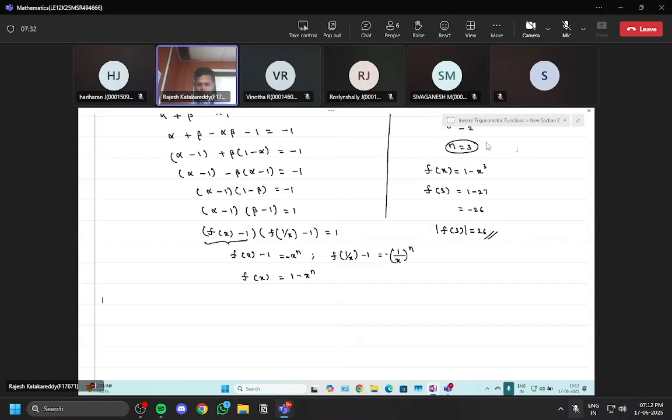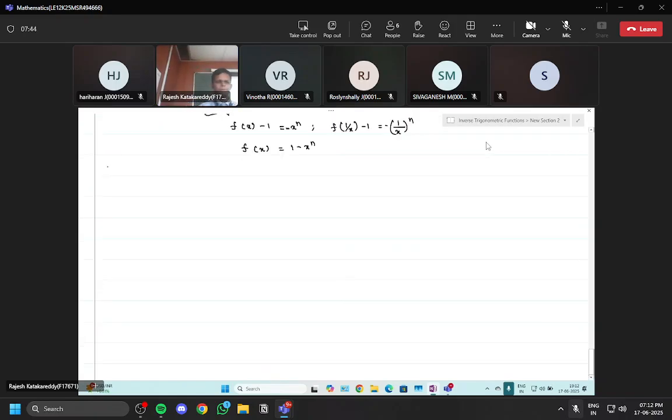So how many of you didn't solve this problem 51? Let me write the problem here so that it will be better for you. How many of you solved this?